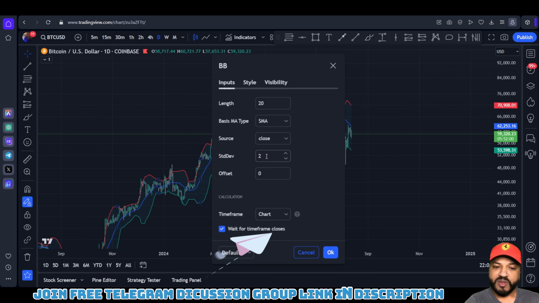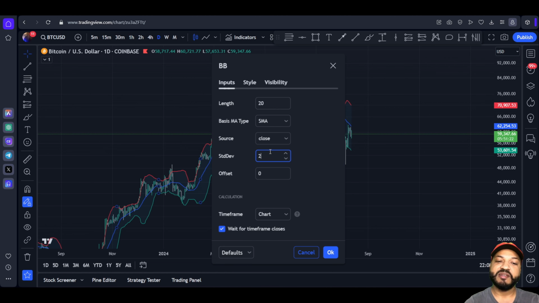If you make it 1 standard deviation, it will be approximately 68%, meaning the candles will stay inside the band 68% of the time. And if you make the deviation 3, it is around 99.7% of the time it will stay inside the band. So let it stay 2, because that's the standard deviation and that's the default for a reason. So we stick to the settings as they are.